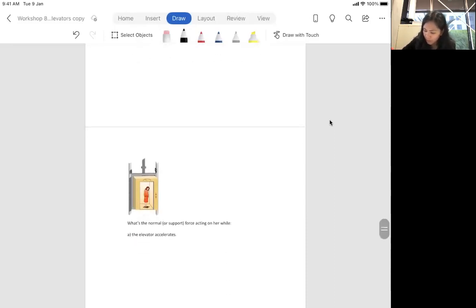So this is the figure here, but the first step is to draw your free body diagram representing the woman as just a dot there. We know, again, the easiest force will be the weight force. Anything that has mass will have weight, and weight is always downwards.